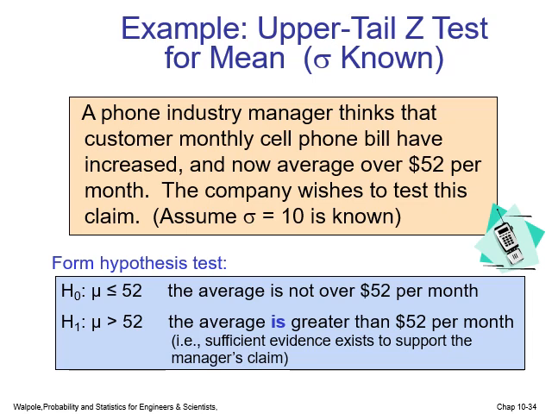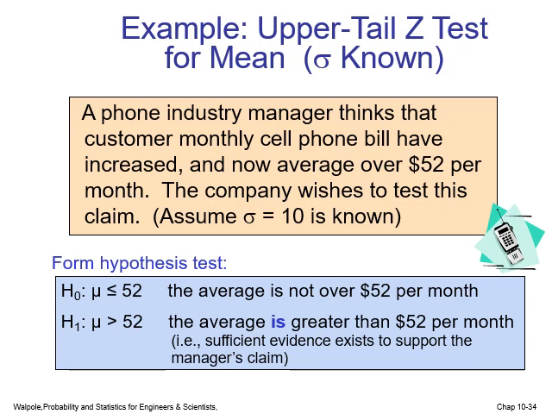Another example for an upper tail test for known variance. Here, a phone industry manager thinks that the customer monthly cell phone bill has increased and now averages over $52 per month. The company wishes to test the claim, and because the variance is known, we assume the variance is equal to 10. First, we need to form the hypothesis test.